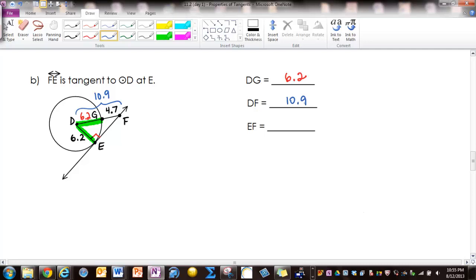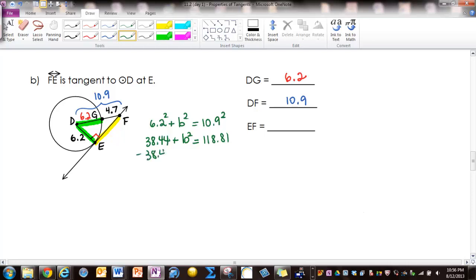And then to find EF, EF right here is one of the legs of my right triangle. So it's either the a or the b side. So I'm just going to go ahead and say that's the b side. So I have 6.2 squared plus b squared equals 10.9 squared. Simplifying, I get 6.2 squared is 38.44 plus b squared equals 10.9 squared is 118.81.